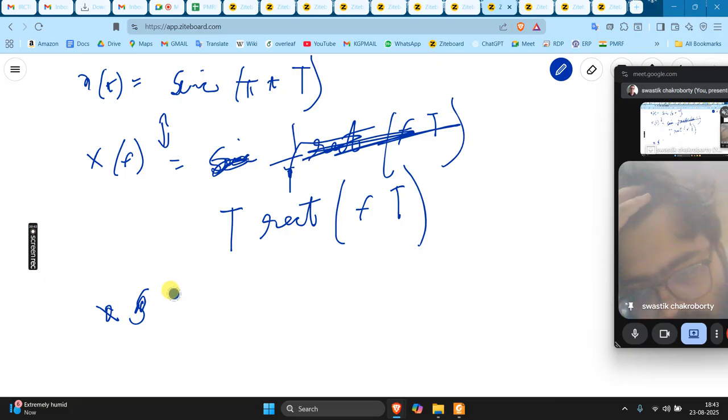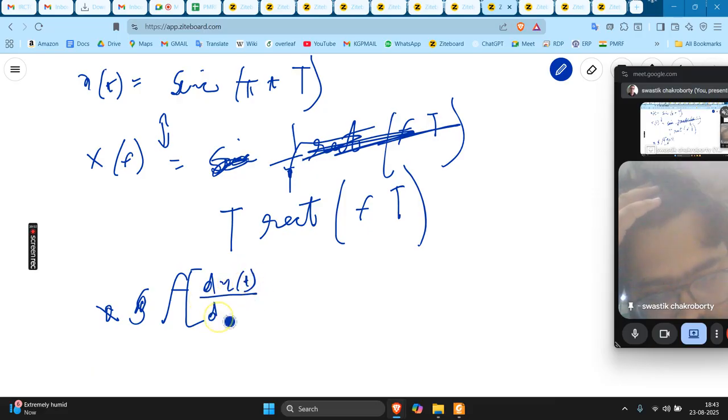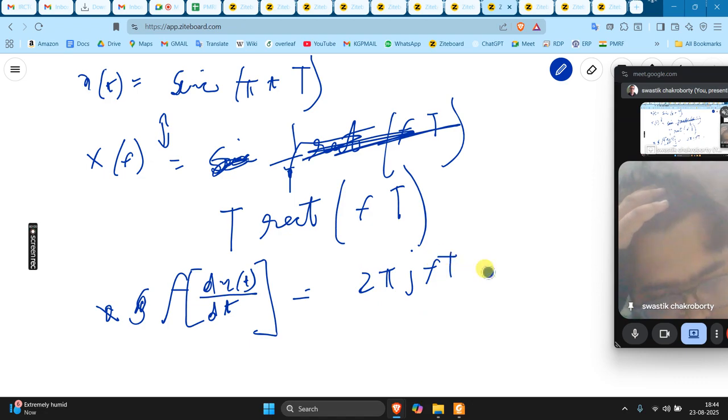Okay. Now the differentiation property states that the Fourier transform of dx(t)/dt, you will just multiply with 2 pi jf. So it will be 2 pi jf t rectangular f t.